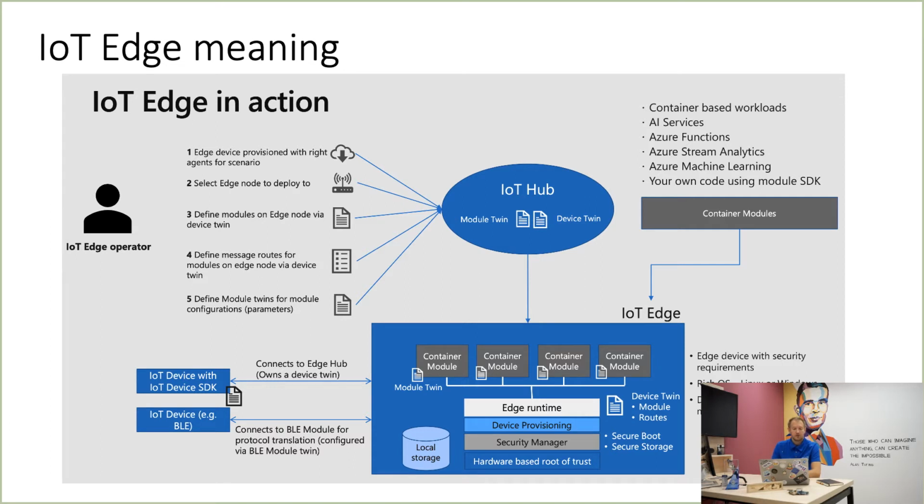The last thing you need to do is define models by using device twin and create a message route, to build communication between different models on the device. And I think that's all. After that you can use IoT Edge on any device.